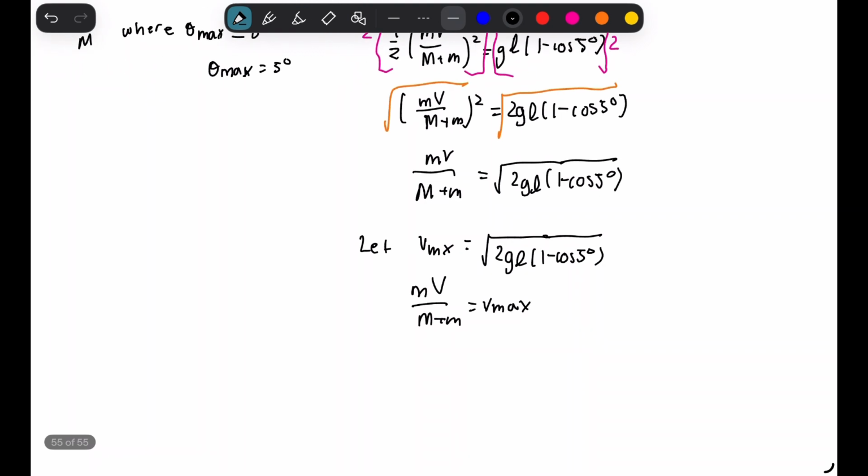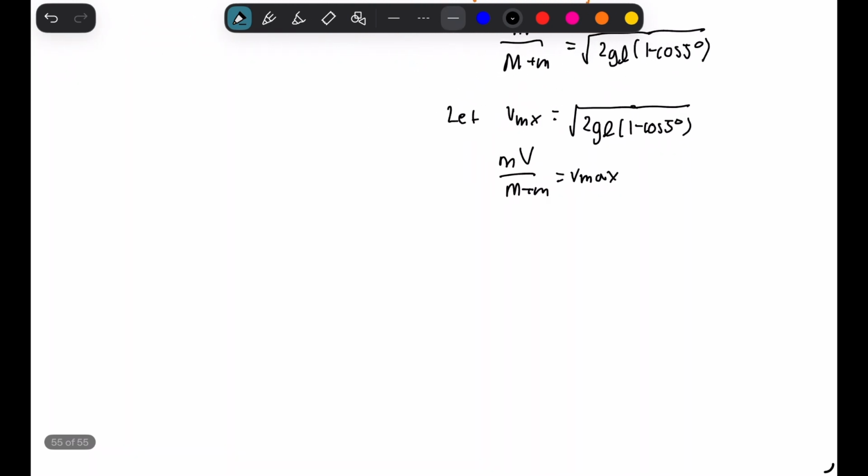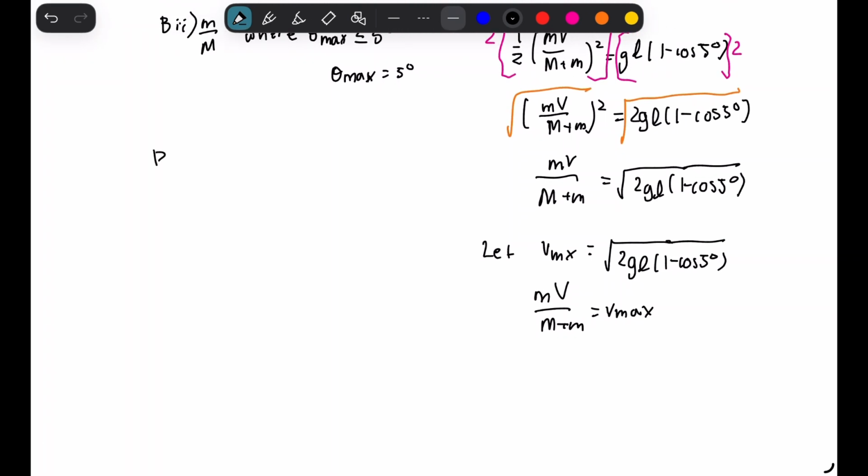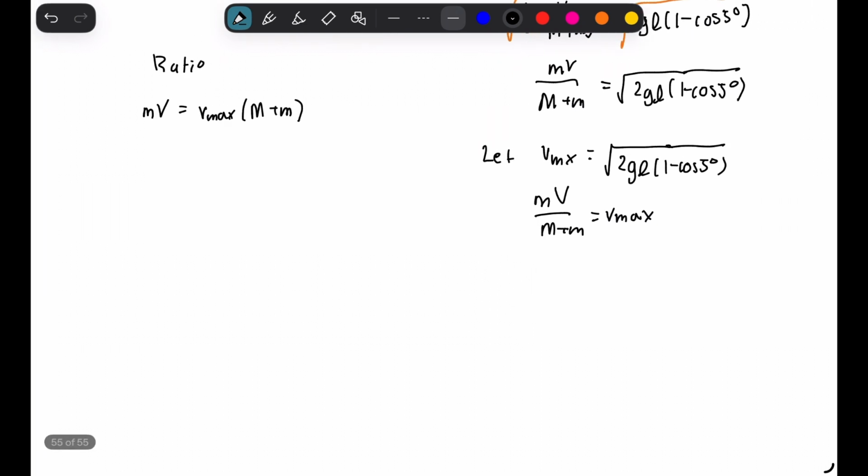So now we're going to use this to solve for the ratio that is going to be small m over M. So we know that m V is equal to V max (M + m) if we just multiply both sides. So then we're going to distribute here. After we distribute that, we have m V is equal to V max M plus V max m.